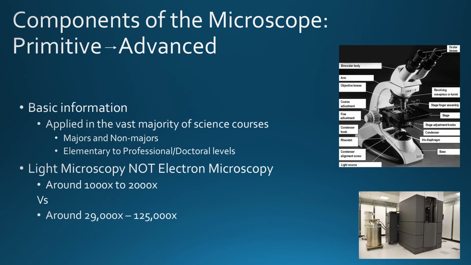We're dealing with light microscopy, not electron microscopy, meaning that we can view most things under our microscopes, but we can't see neurons firing. We can't see viruses. There are certain microscopes that can magnify up to 125,000 times the size of the actual specimen. Those are called Titan Krios microscopes, and they are huge electron microscopes that take up the entire room.